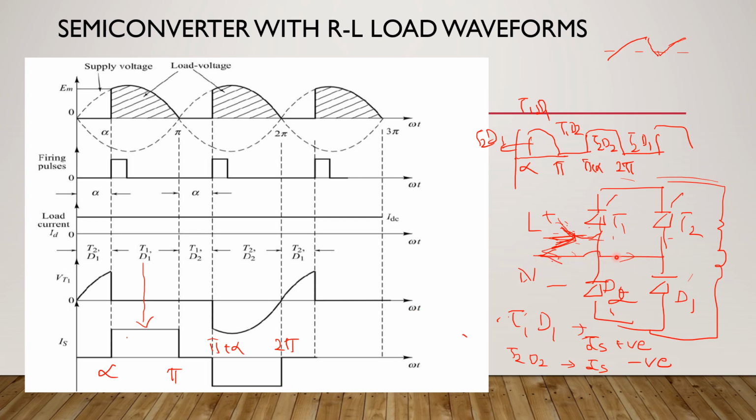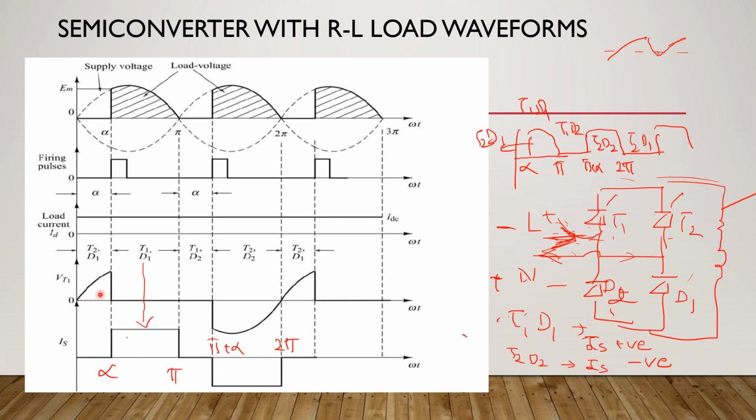Now the current is flowing from N through the load and then back to L. During the negative half cycle, this is positive and this is negative, so the current starts from the neutral N terminal through T2 and load, and then back through D2 to L. The current direction reverses, and that is why the supply current has become negative. So this is how you draw the waveform of the supply current.